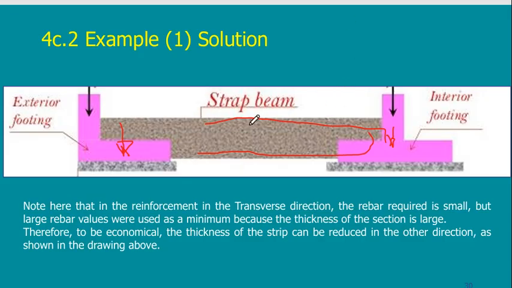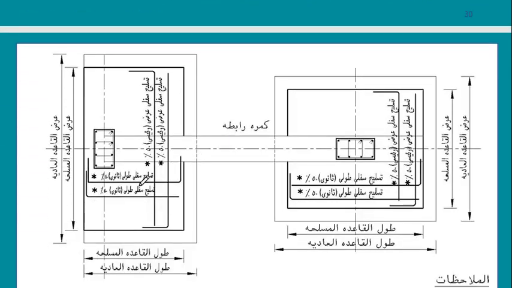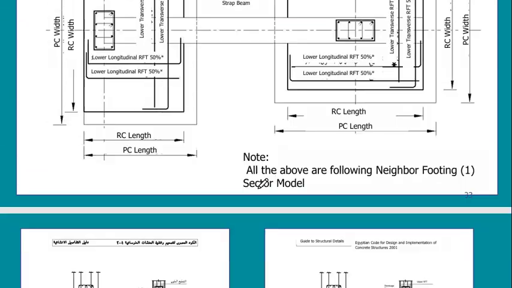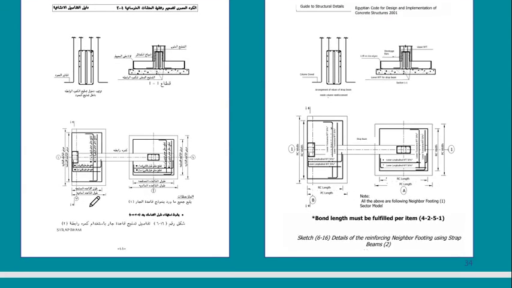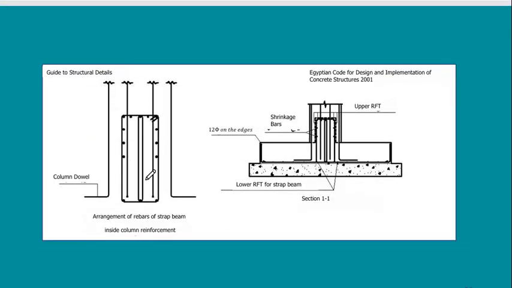So in this case, the big amount of reinforcement will be the top reinforcement of the beam, and here a lower amount for the bottom reinforcement. This is a blow-up of the beam. This is the beam. All of this is the upper reinforcement.